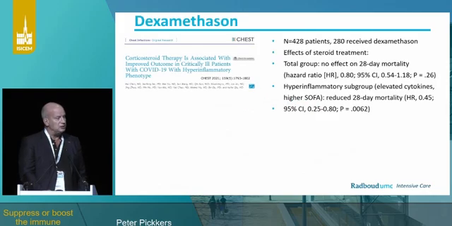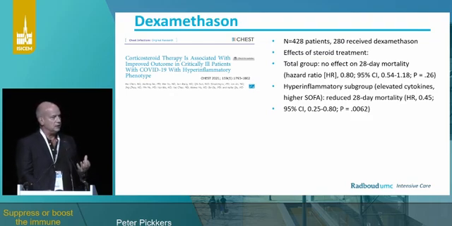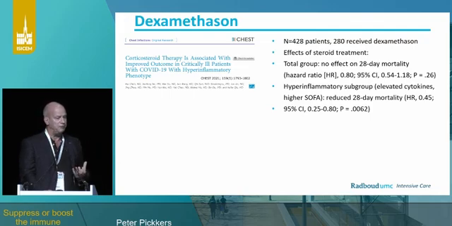This is a very nice follow-up study because it's a smaller study, 428 patients, of which 280 received dexamethasone, and they actually tried to find a specific subgroup of patients that were hyperinflamed.